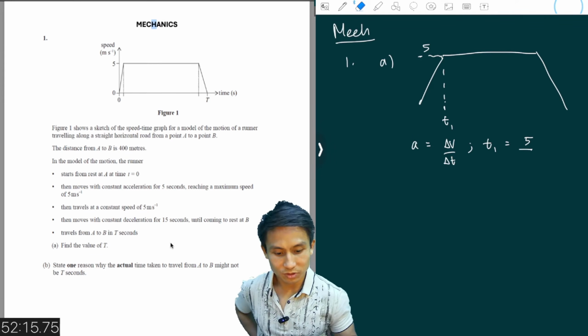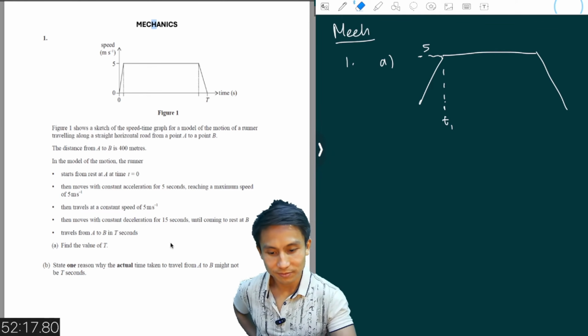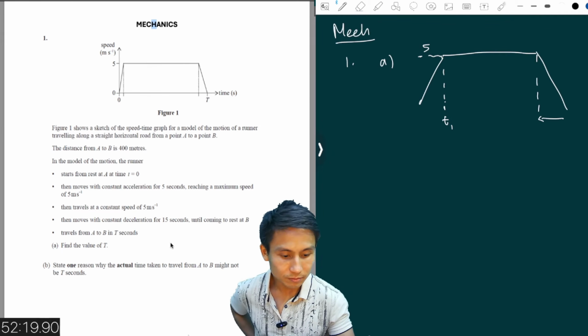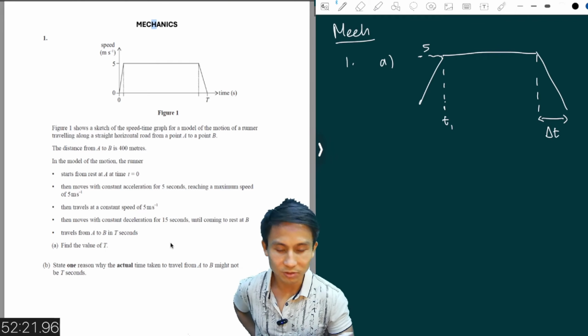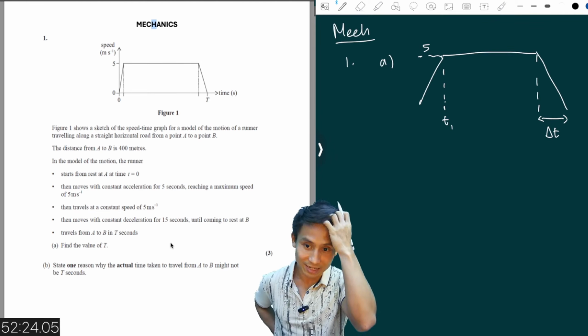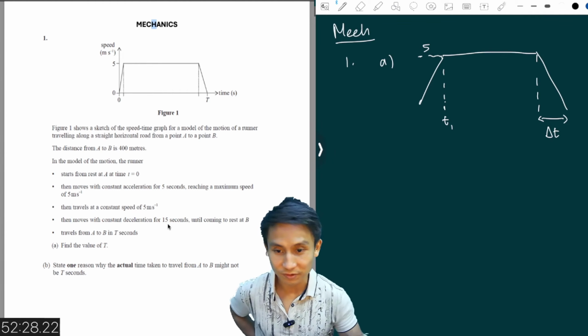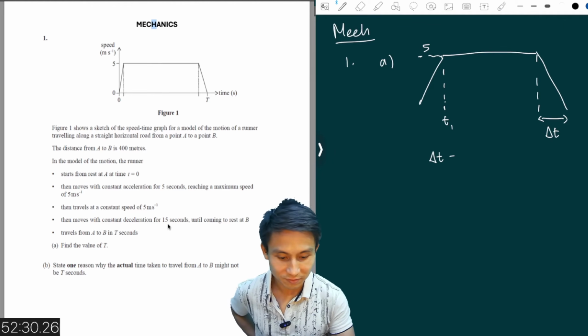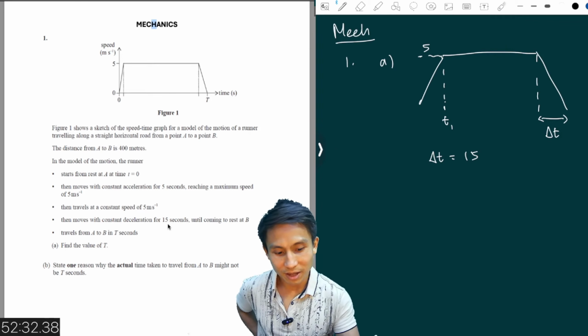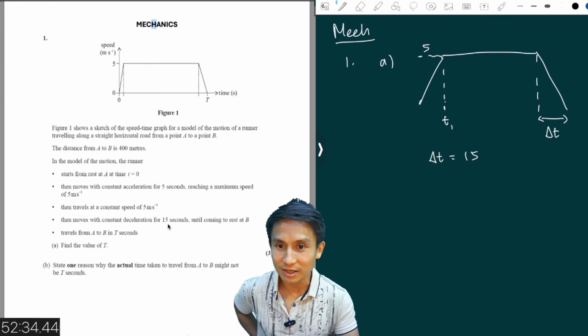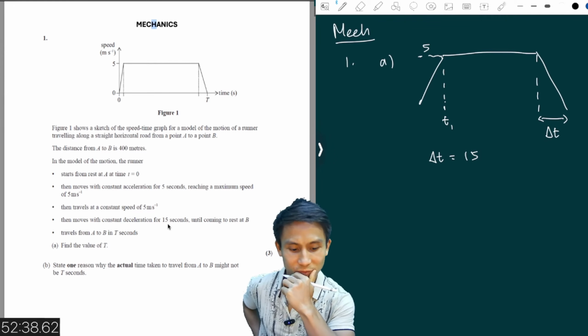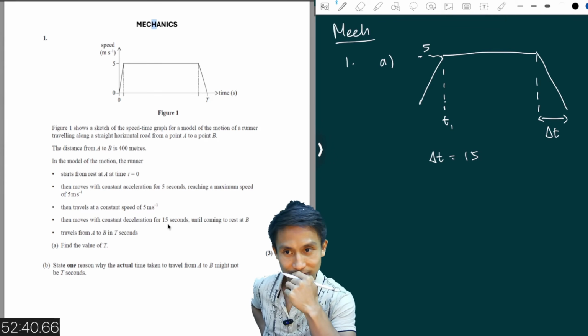Okay, so I think we need to find this time here. Let's find this delta t, because it tells you that it moves with a constant deceleration for 15 seconds. So delta t is 15 seconds here. Wait, 15 seconds?